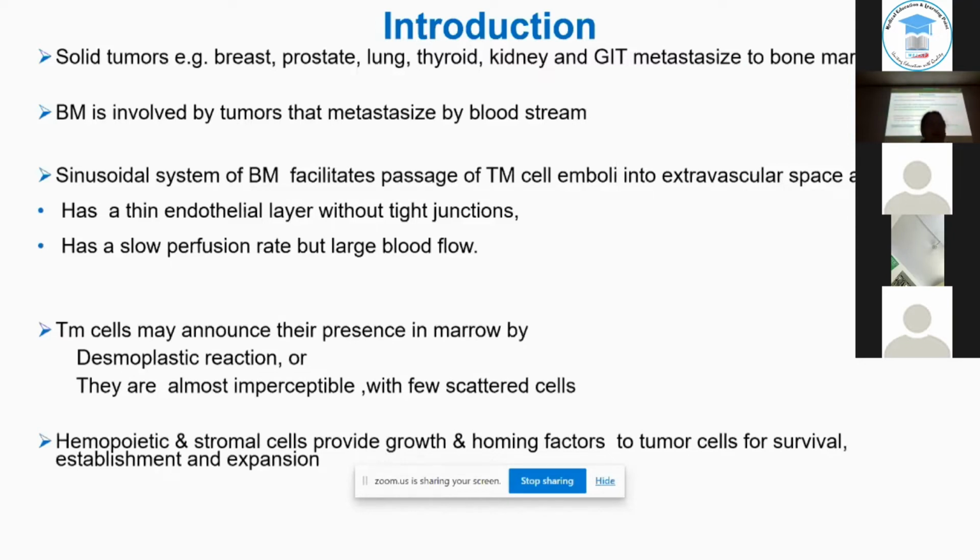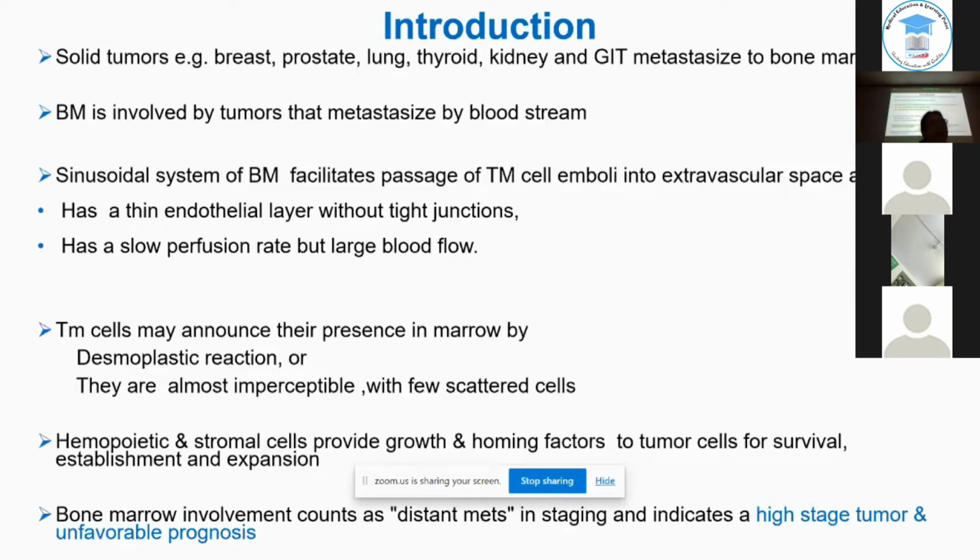The tumor cells may announce their presence in the bone marrow by either a florid desmoplastic reaction, or they are almost imperceptible with few scattered cells. The hemopoietic and stromal cells provide growth and homing factors to tumor cells for their survival, establishment, and expansion.